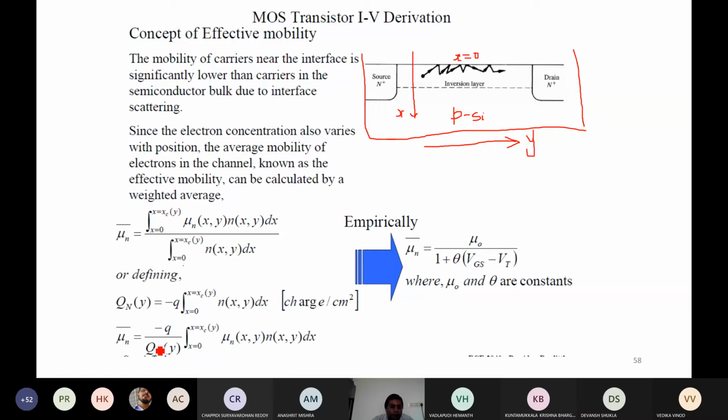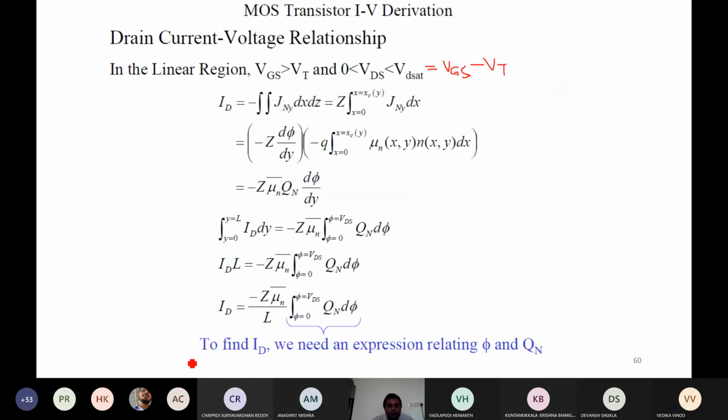This is also related to charge. This term can be written as mu n bar, the average or effective mobility, times qn y. So this is why it is substituted here: mu n bar, the effective mobility, and qn, then d phi by dy, and z. So this integral term is substituted by effective mobility multiplied by qn, the charge per unit area.